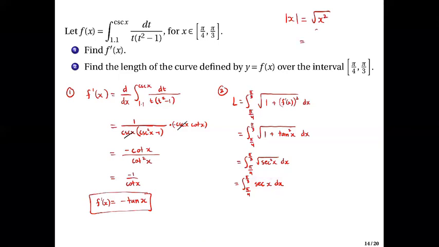And this is the same as the usual definition. x if x is greater than or equal to 0, negative x if x is less than 0. So anyway, on the interval pi over 4 up to pi over 3, the values of secant are positive. That's why we don't have to put the absolute value.